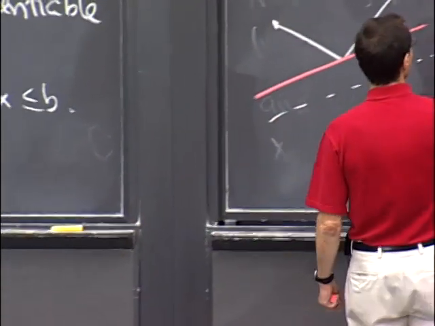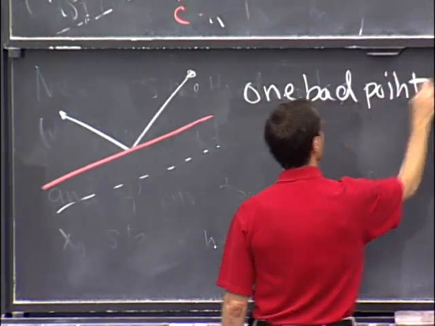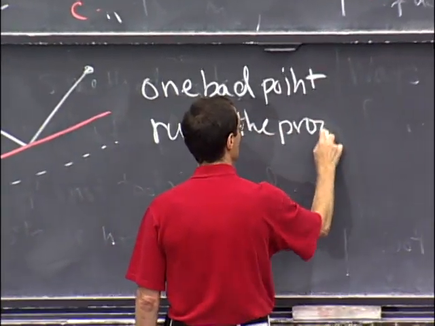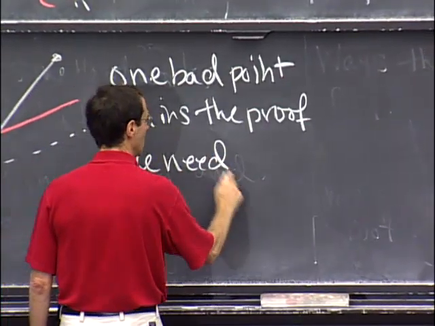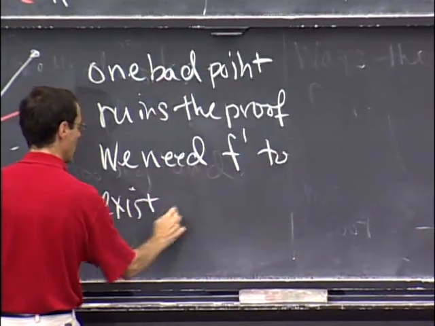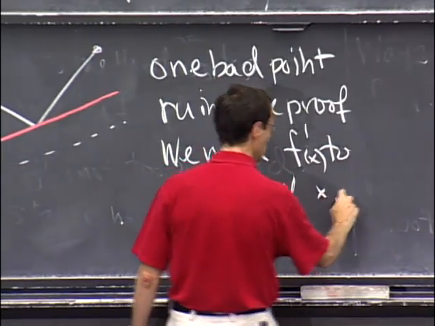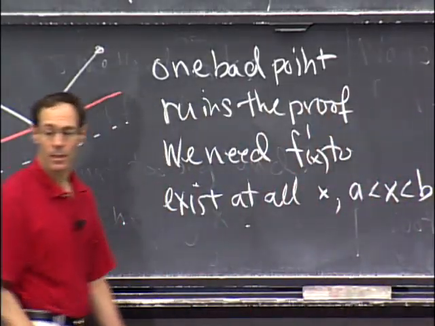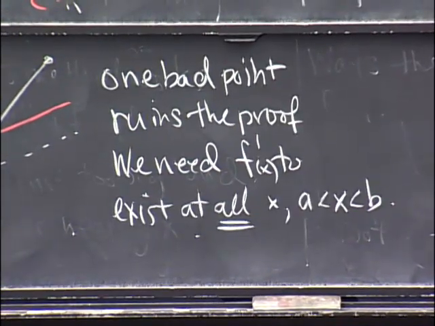So this is the claim that one bad point ruins the proof. We need f prime to exist at all, so f prime of x to exist at all x in between. Can't get away even with one defective point.